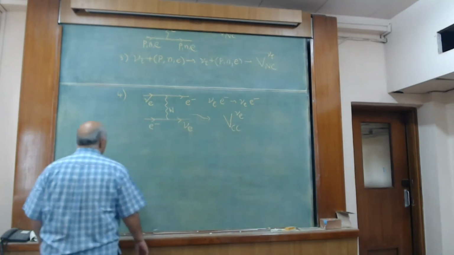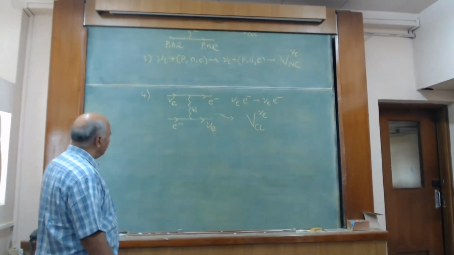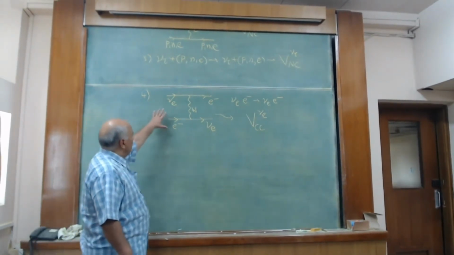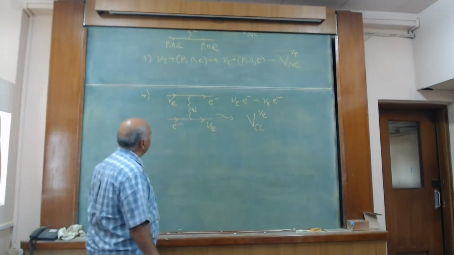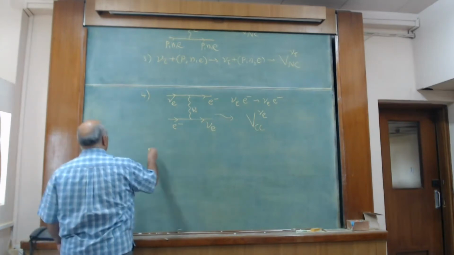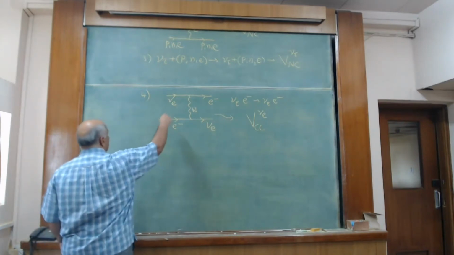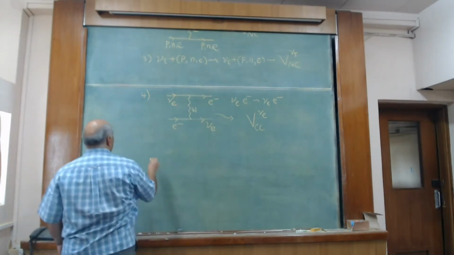Now, let me write down the matrix element for this. So there is an outgoing electron and an incoming neutrino.